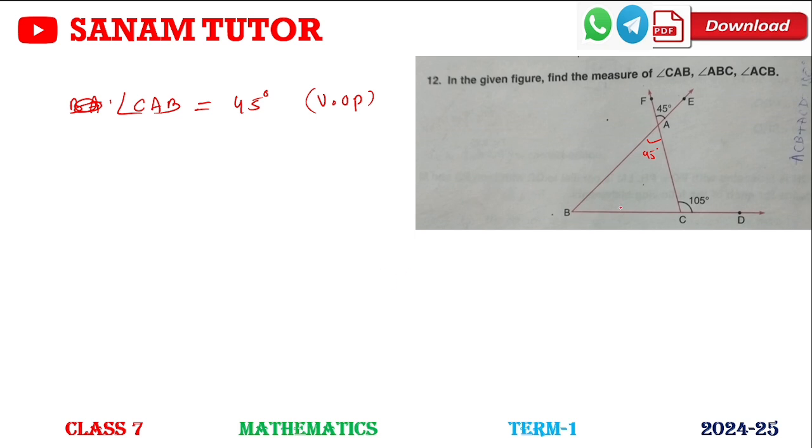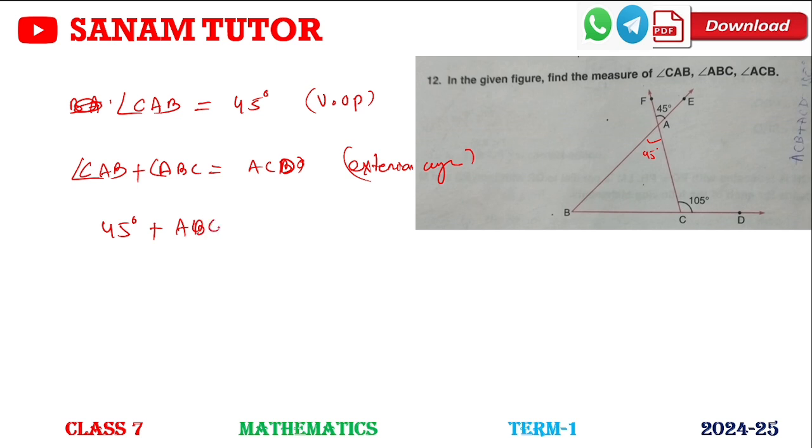We know that CAB plus ABC is equal to ACD because of the exterior angle property of a triangle. So CAB means 45 degrees, ABC we should find, equal to ACD, that is 105. So ABC must be equal to 105 minus 45, so 60 degrees. So this one is 60 degrees.